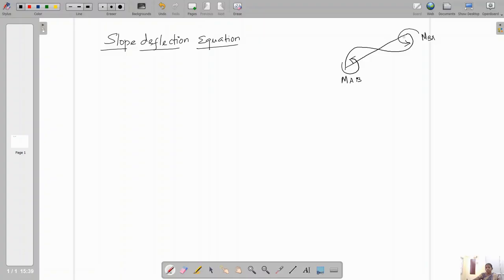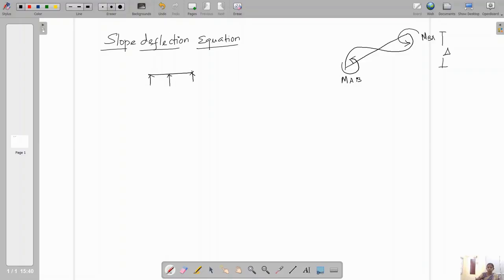I put this line in inclined manner because I am going to consider the sinking of the support also. For example, you consider a continuous beam.